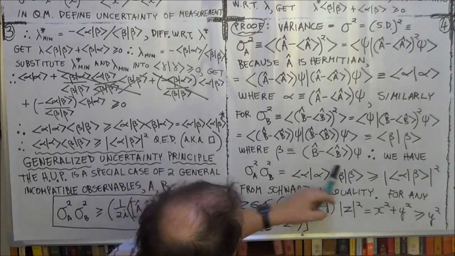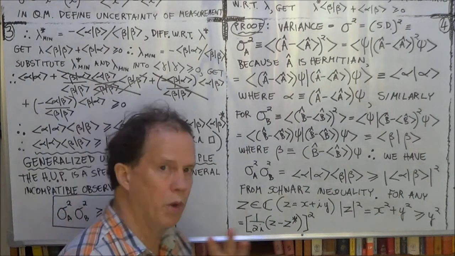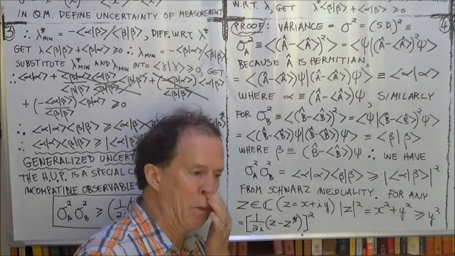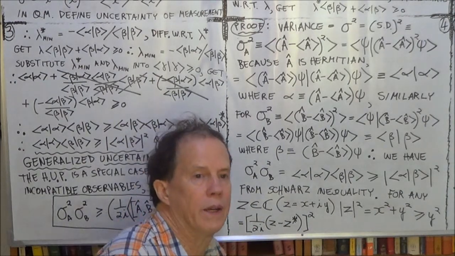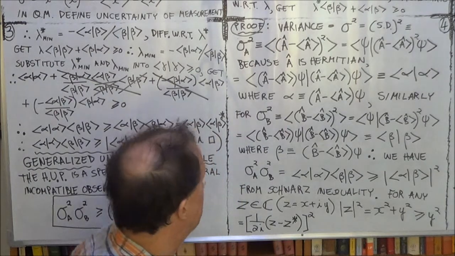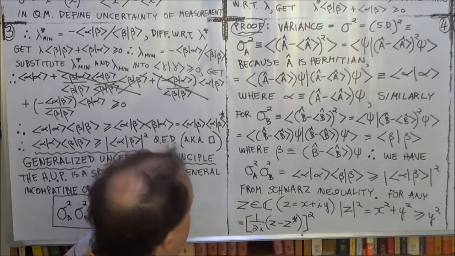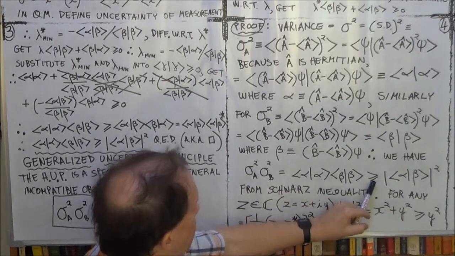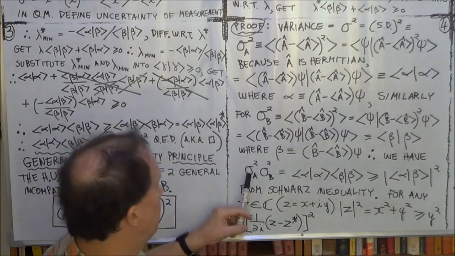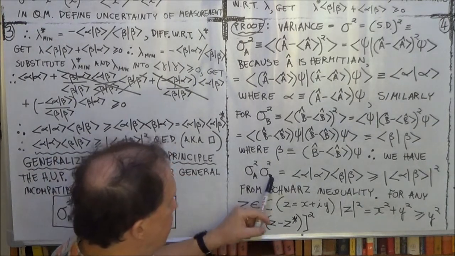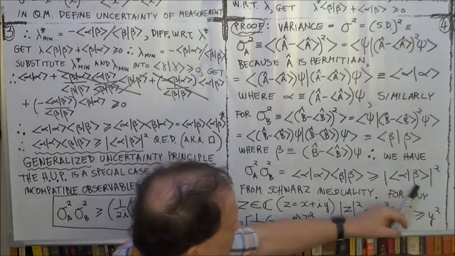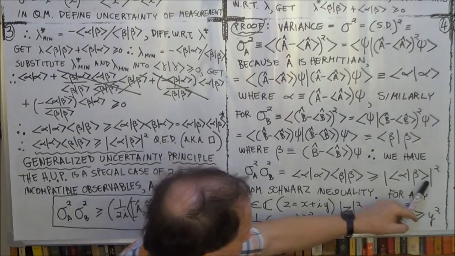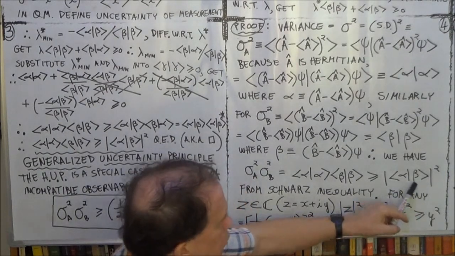We want a generalized Heisenberg uncertainty principle between any two incompatible observables, A and B. So we want an inequality, so let's concentrate on this and forget about the other, because we want the inequality. We now know that sigma squared A times sigma squared B is greater or equal to this term here. So let's start working on this bracket alpha beta.